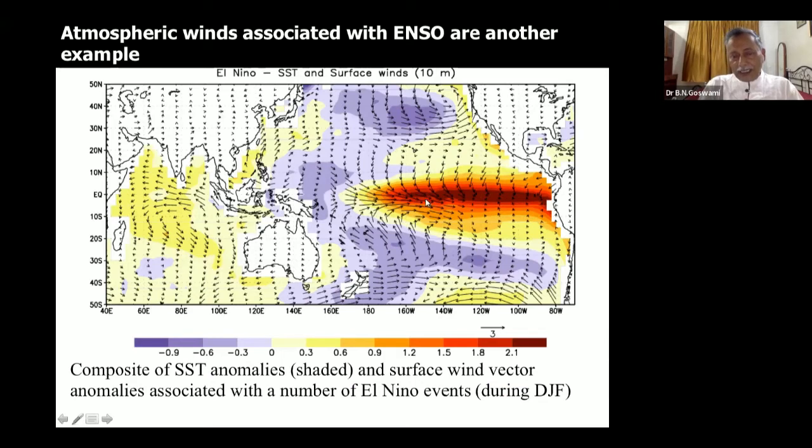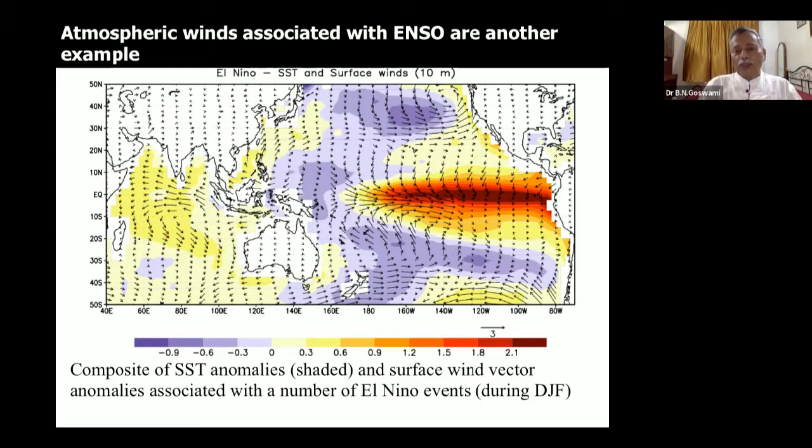The color is SST anomalies associated with an ensemble of El Nino events during December, January, February, and the winds are a composite of wind anomalies associated with all these El Nino events. So these are the wind anomalies associated with those SST anomalies of the El Nino events.